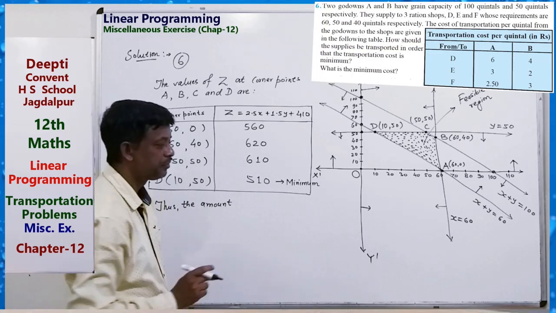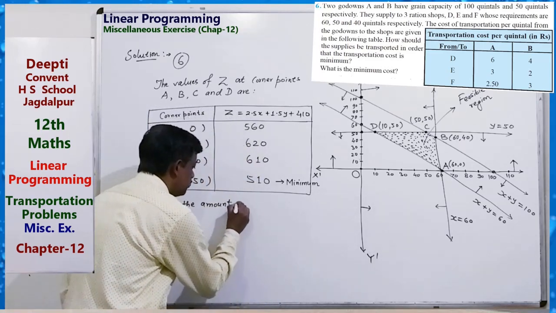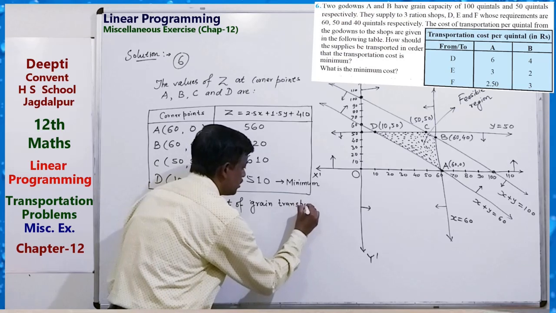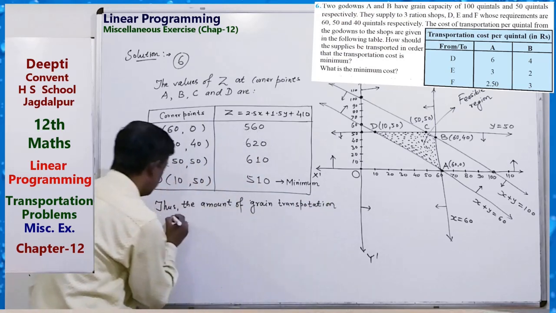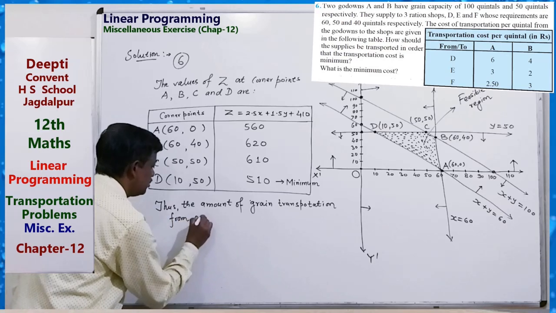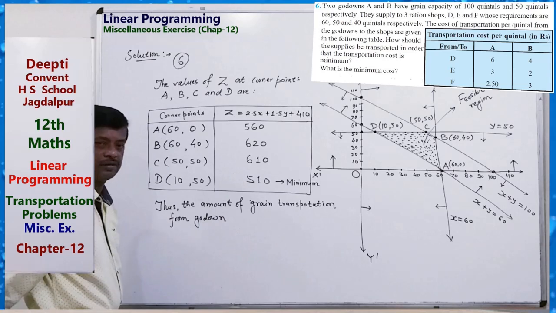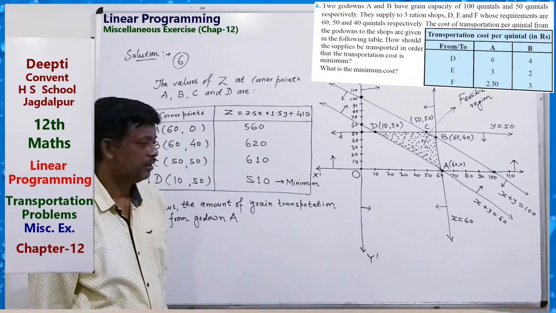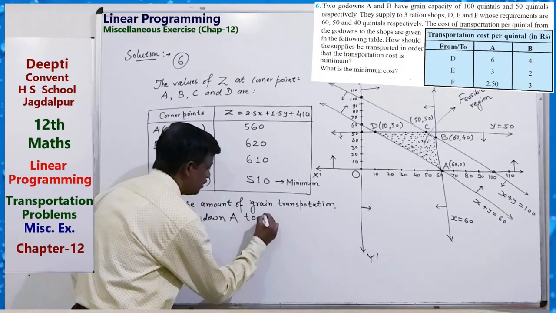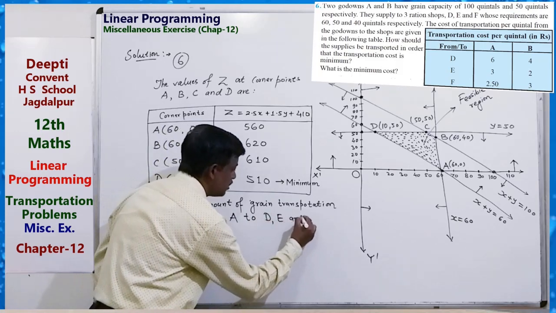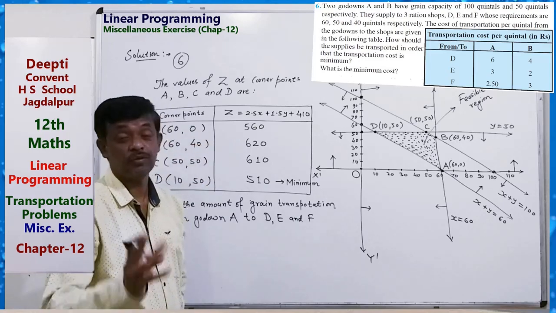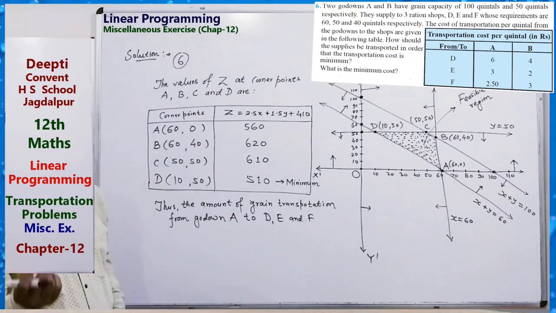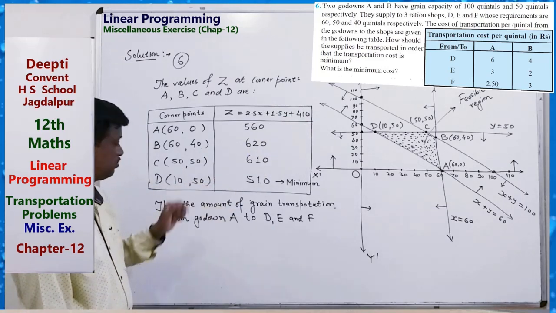Thus the amount of grain transportation from godown A, just in the diagram, from godown A to D, E and F. What is the cost? x into 6, so 10 into 6, 60. Then 3 into y, 3 into 50.